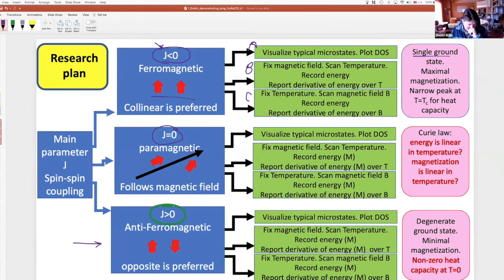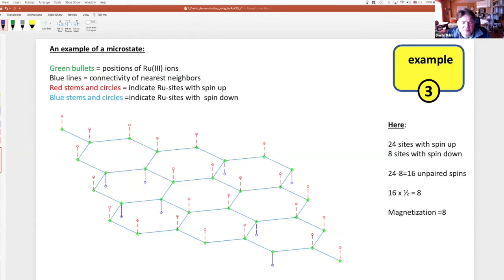Okay, so, visualization of microstates. I know it is not perfect and maybe it's substandard, but I was trying to draw this lattice where green dots correspond to positions of the ruthenium atoms, and these sticks protruding up or down correspond to spin up or down.